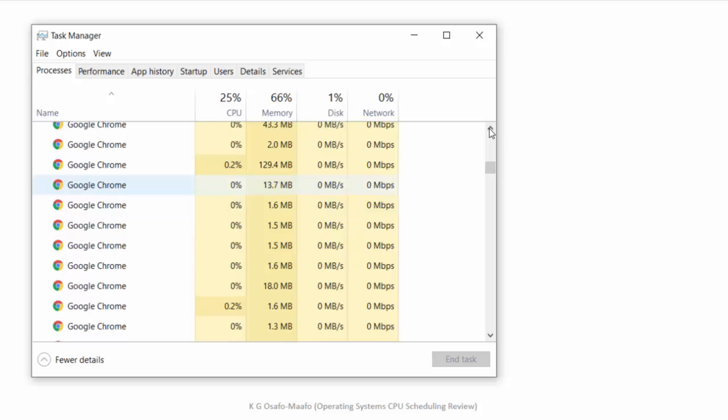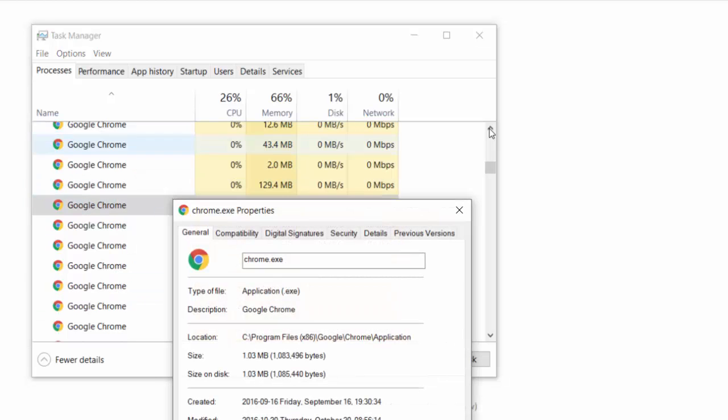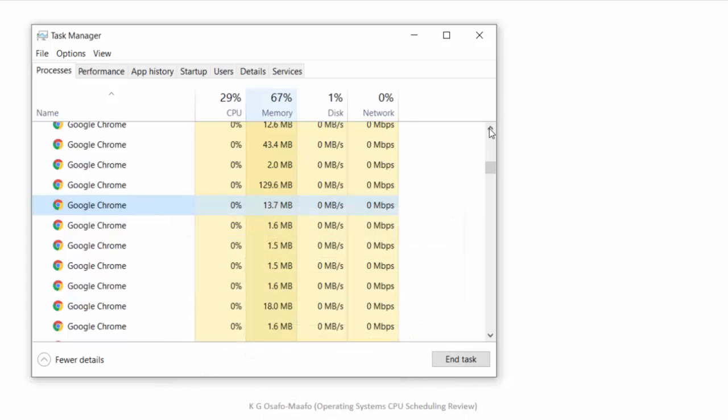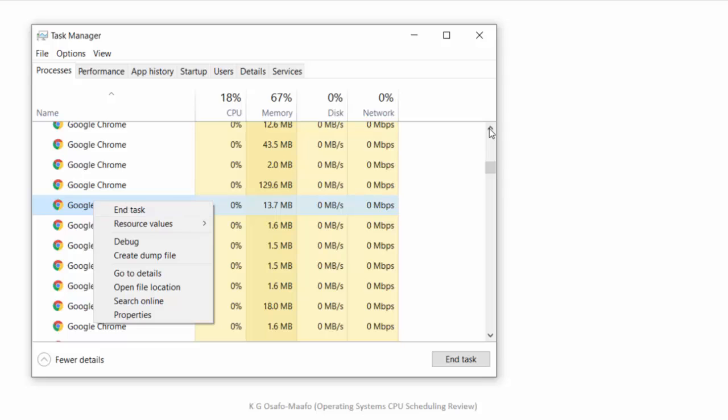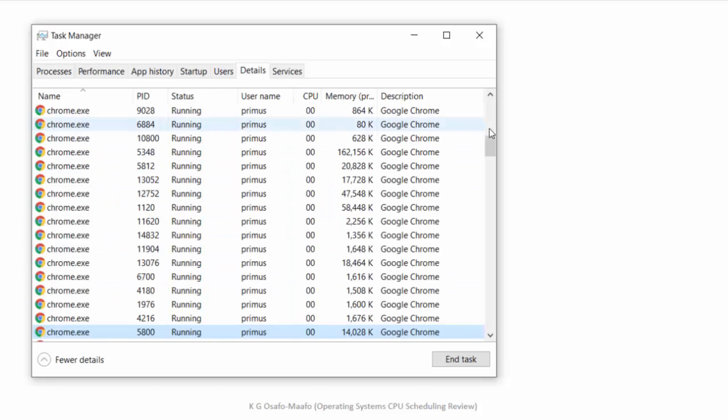And if you pick the process and go to properties, usually every process has resource values, disk, memory. Okay, so this one doesn't give as much. Let's see. Okay, so it has the name, what's running, the memory.